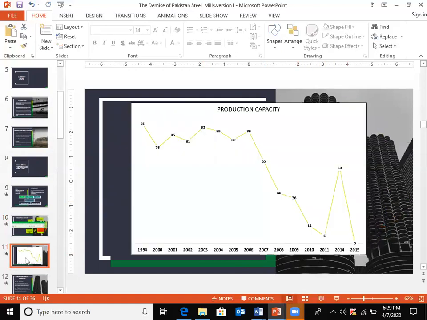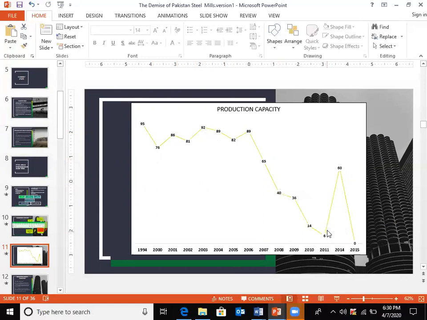Okay, so now let's look at it in a different way, on a graph over here. You see the fluctuations way up here, 1994, 95% capacity. That's pretty amazing. And then you see shifts going up and down, and then all of a sudden there's a downward shift going on from 2006 onwards.